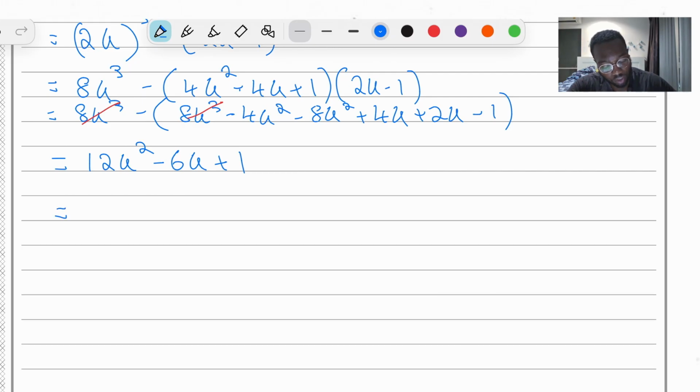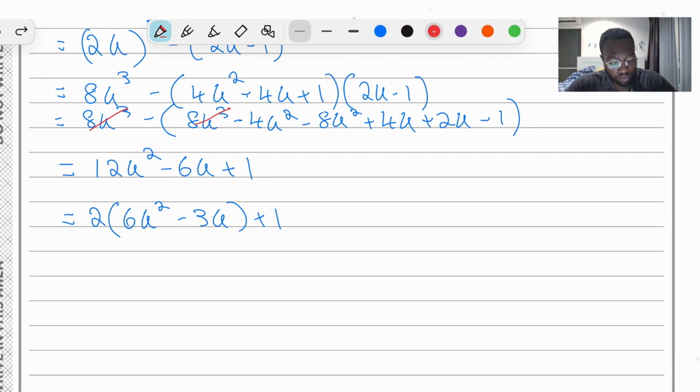So now we're left with 6k squared minus 3k plus 1. Okay, and as you can see, it's exactly in the same kind of form as we just had earlier. We have 6k squared minus 3k plus 1. So because of this, we have this k value. It doesn't matter what k is. We're going to times it by 2, and so that's always going to be an even number.